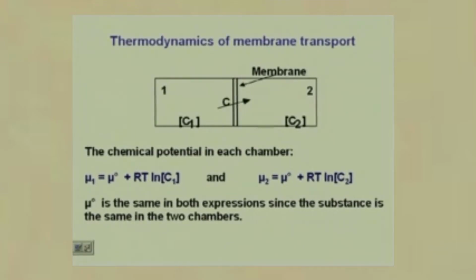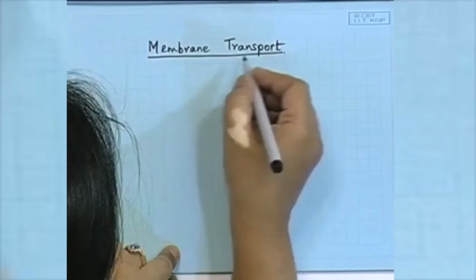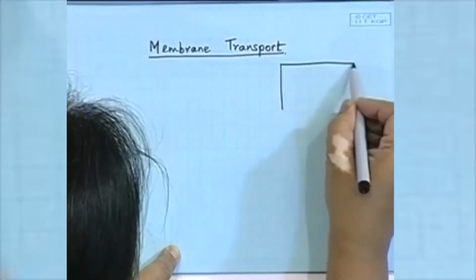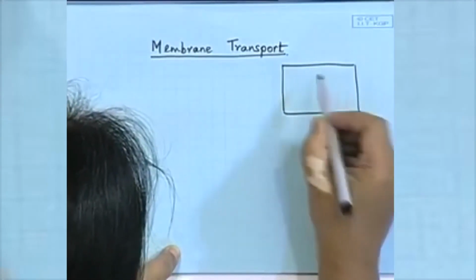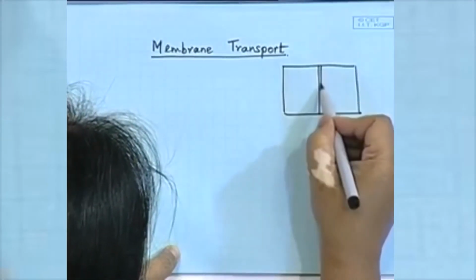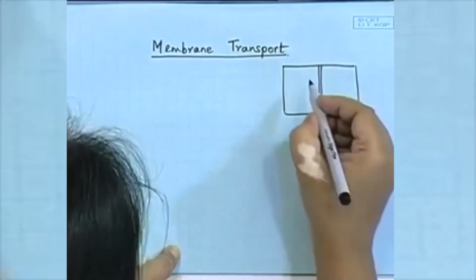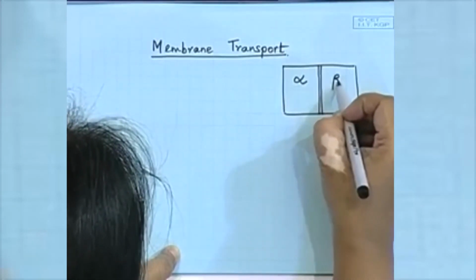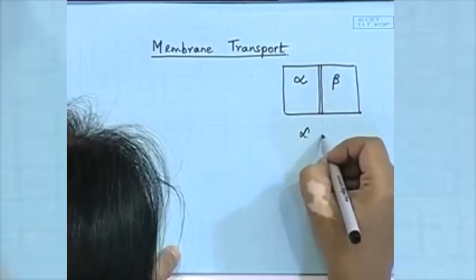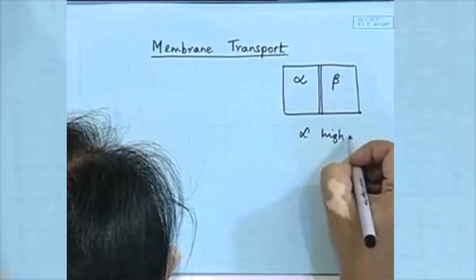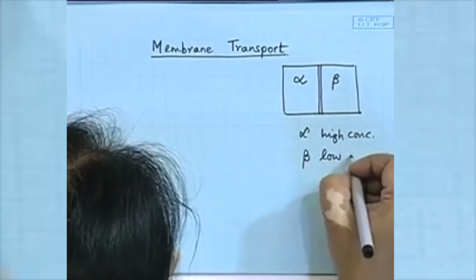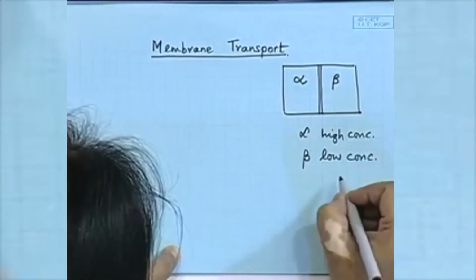If we look at this generally, we have a box here with a membrane, and we are looking at a region alpha going to beta. Alpha is a region of high concentration and beta is a region of low concentration of, say, a solute X.